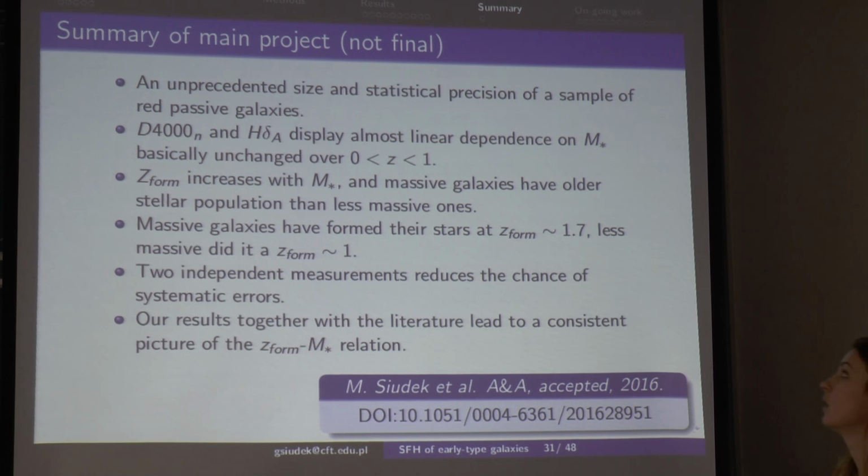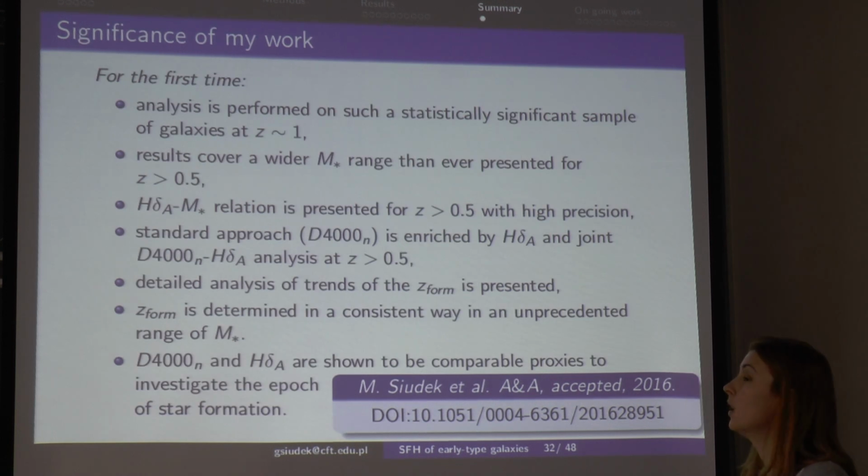We show how the D4000 and H delta behave as a function of stellar mass and redshift, and we create a consistent picture of the redshift of formation as a function of stellar mass.